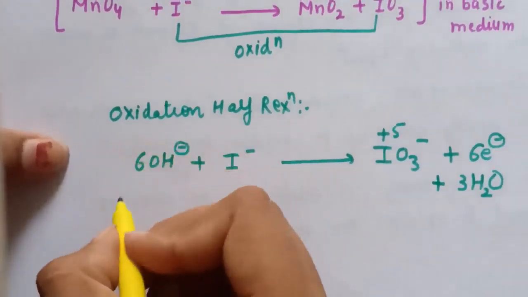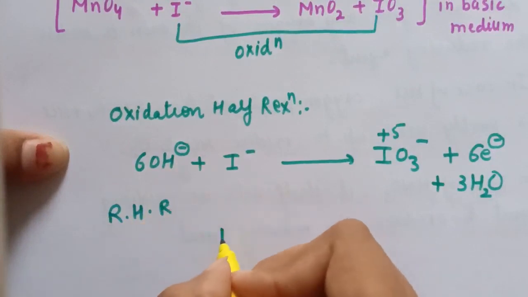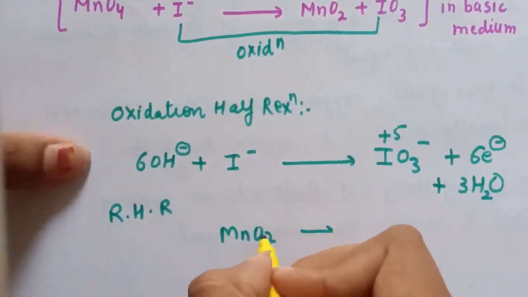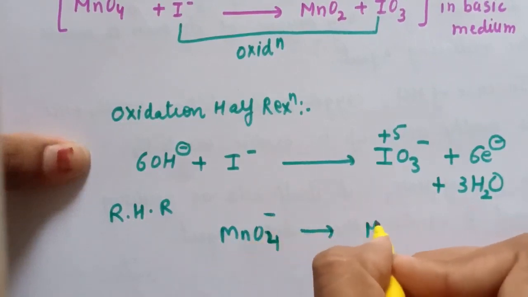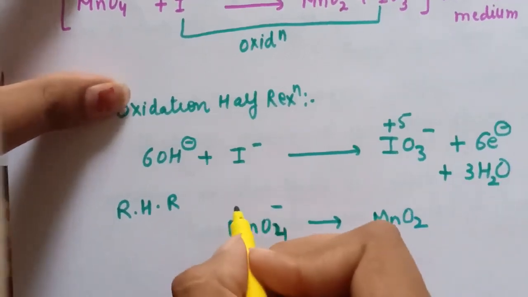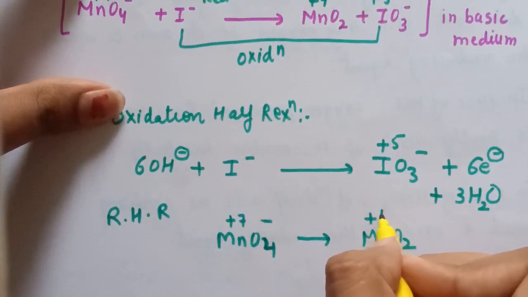Now next is the reduction half reaction, that is MnO4 negative is converted into MnO2. Here the oxidation number is +7 and on the right hand side the oxidation number of manganese is +4.